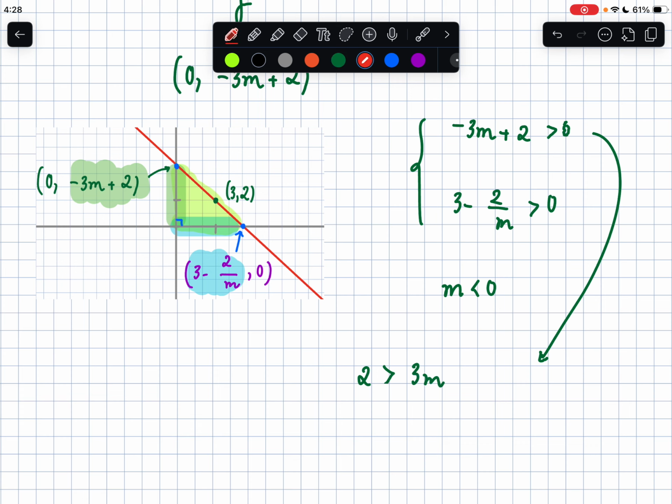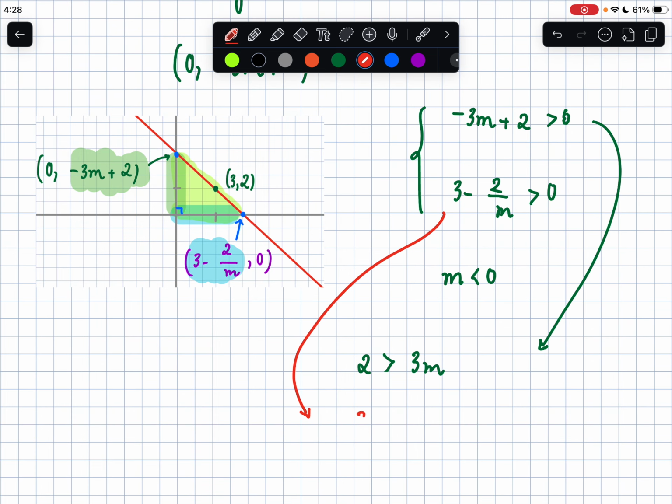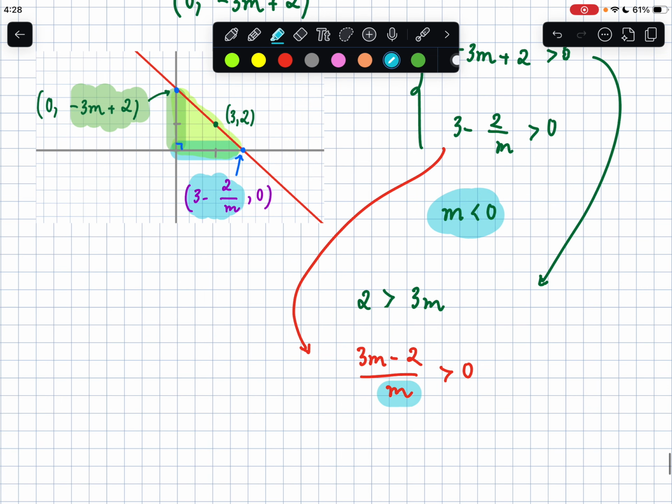For the second condition, you have (3m minus 2) over m positive. M is negative, so the numerator must also be negative: 3m minus 2 negative, 3m less than 2.